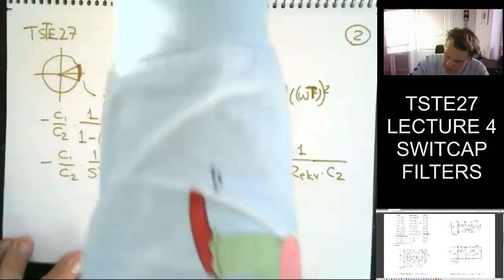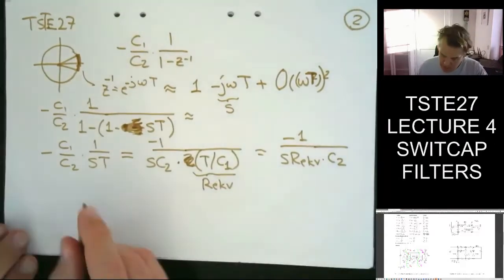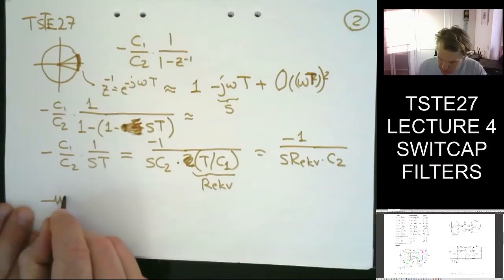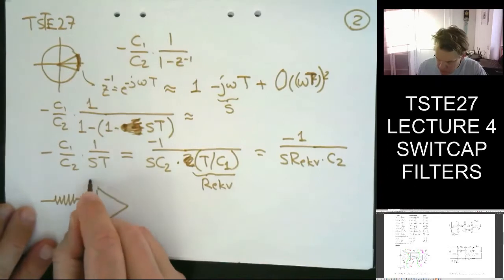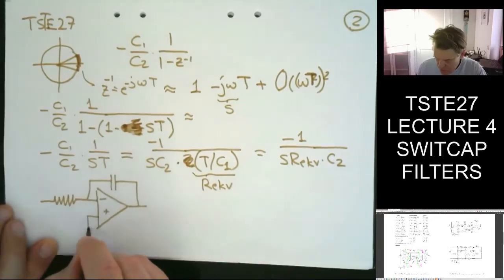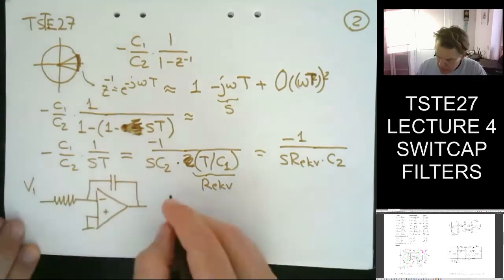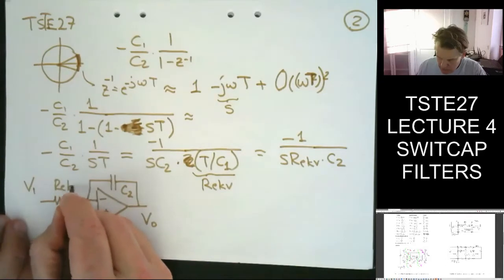So that means if we look at this formula, it's very similar to the continuous time integrator. If I draw this diagram, you will recognize that transfer function. A simple op-amp. So if this is V1 and this is V0, C2 and R equivalent.